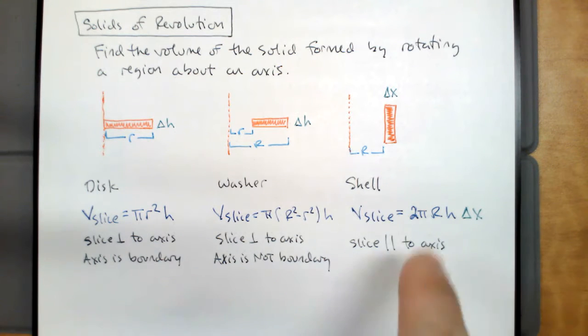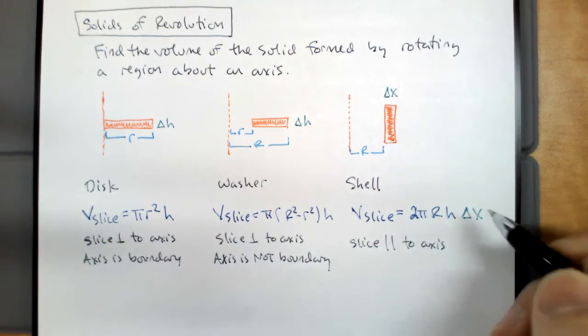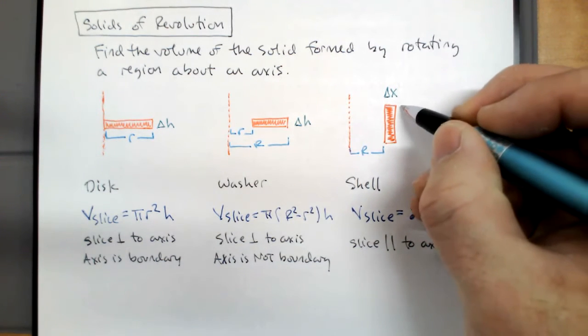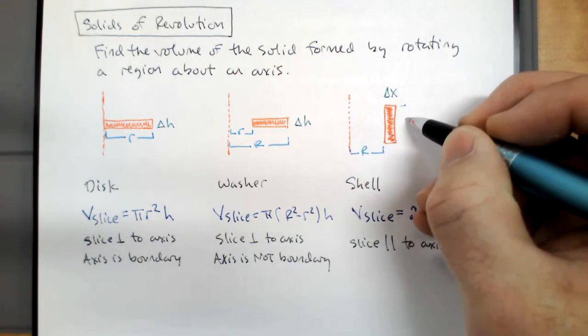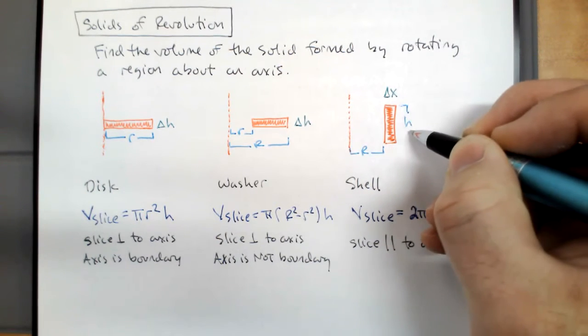But in shells, the distance from the slice is where our delta variable is. That's the squish. So I only need 1 radius. I need a height. And since I've already labeled this delta x, you can see that I'm going to call this the height.